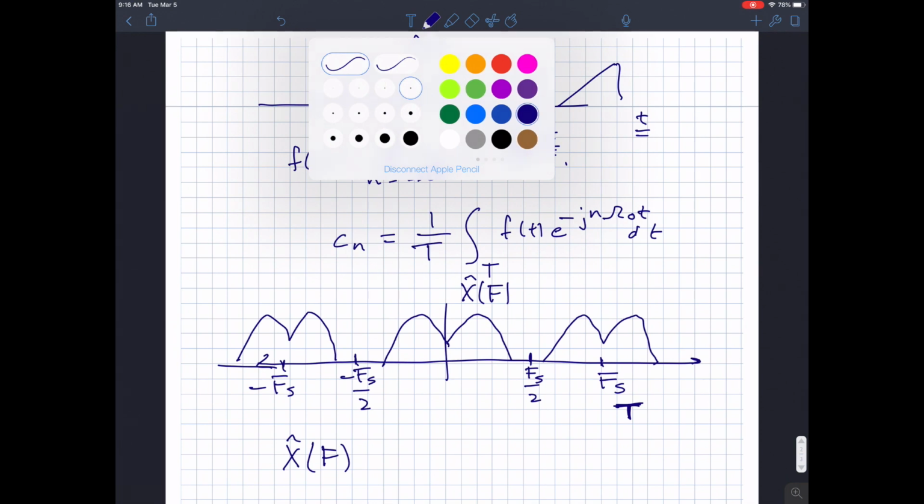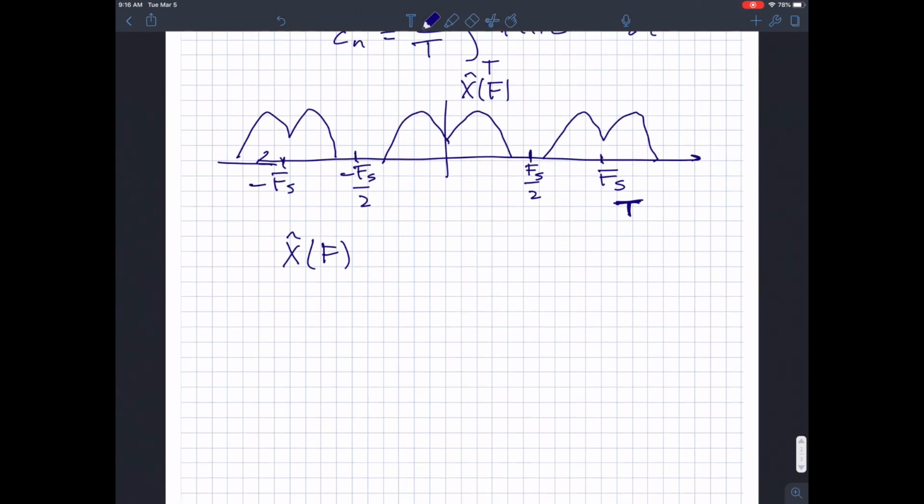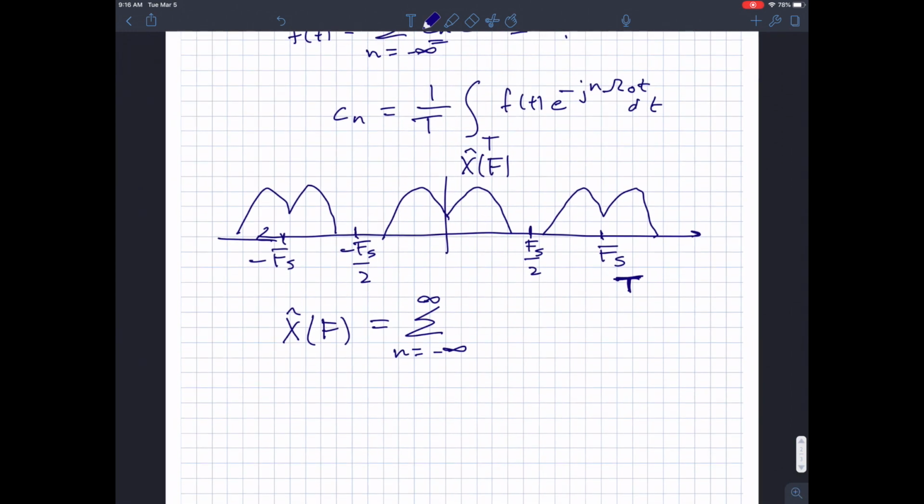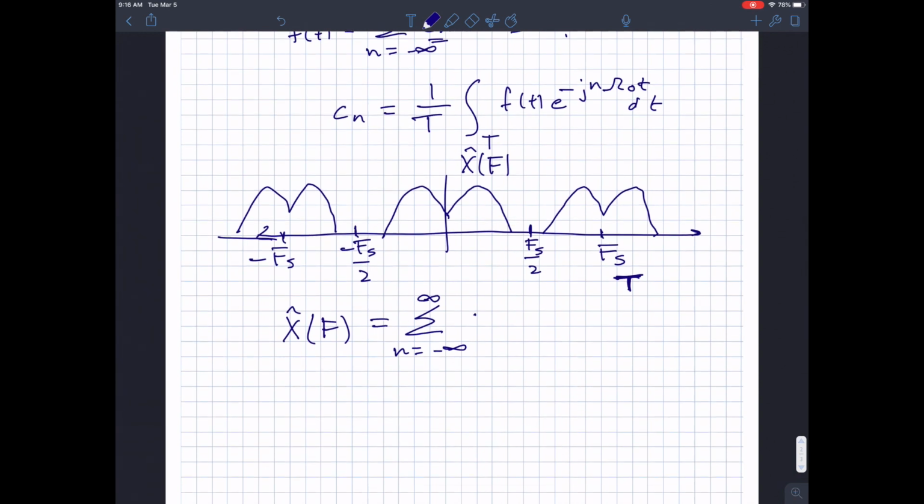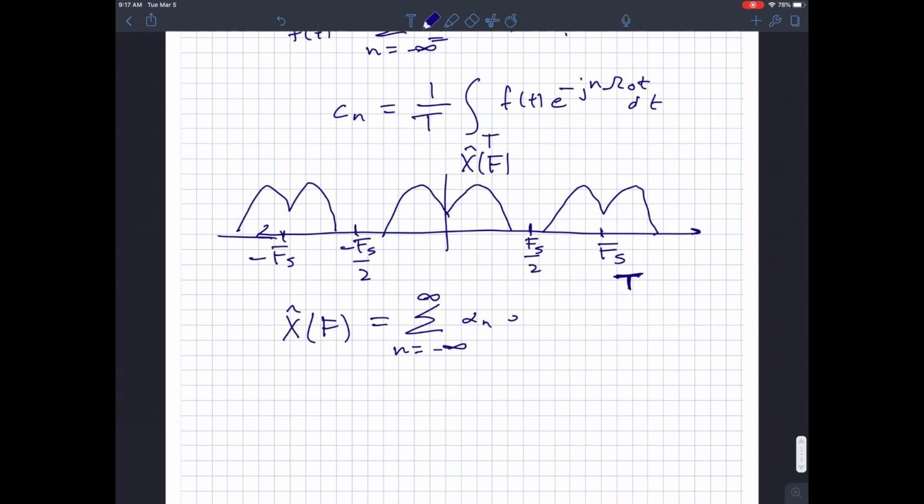We'll keep going. So this would have a Fourier series. It would be the sum from n equal minus infinity to infinity of some coefficients. I'm going to call those the alpha n's for right now. Before it was the Cn's, so I just needed a different letter. So alpha n, e to the minus j 2 pi f.